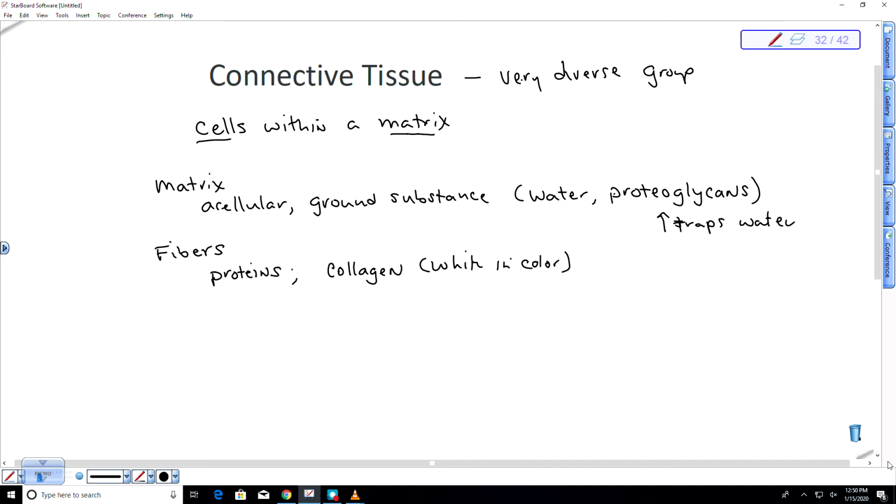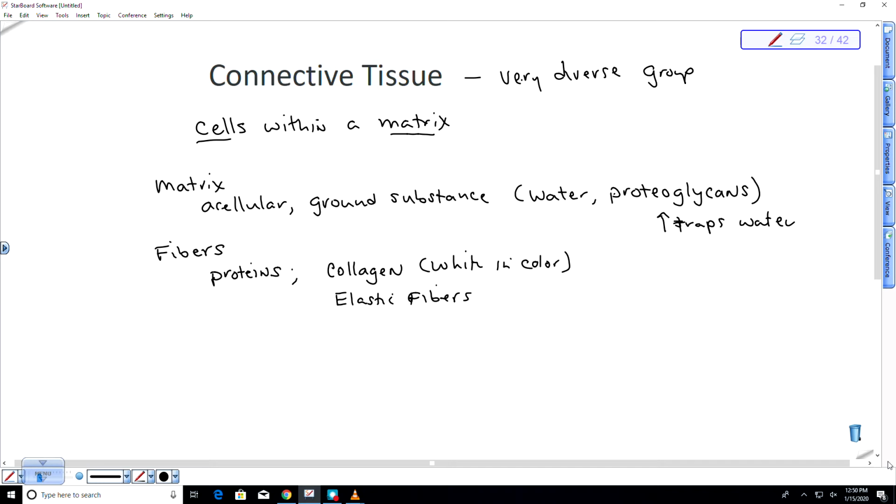We also sometimes have elastic fibers. These are darker in coloration, right? And they give the tissue its flexibility. So when we're talking about the major blood vessels of the body, like the aorta, the aorta has some elastic fibers in it that allow it to expand when the heart contracts and then to relax when the heart relaxes.